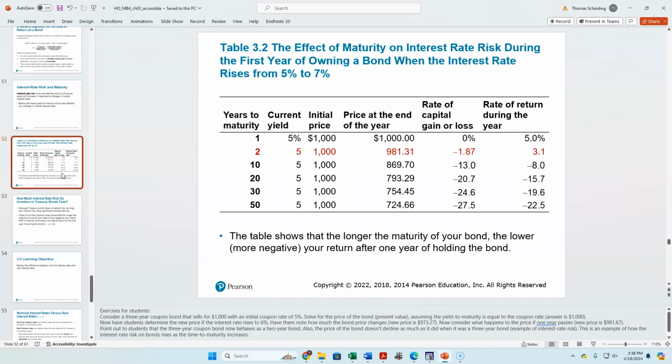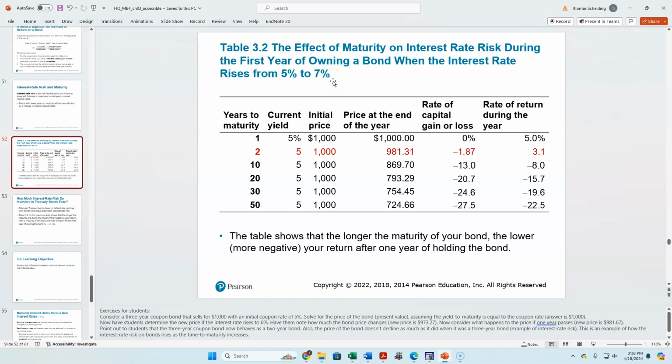And you can kind of see this calculation here that, right, as the years to maturity spreads out, I'm paying the same yield, right? In this case, it's a fixed interest rate bond, but as the time period changes, during that first year, the interest rate increased from 5% to 7%. Then look at that.